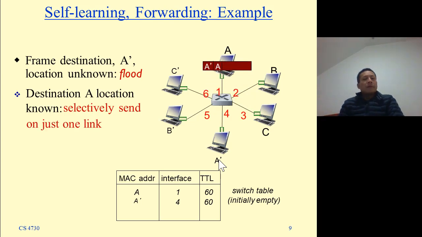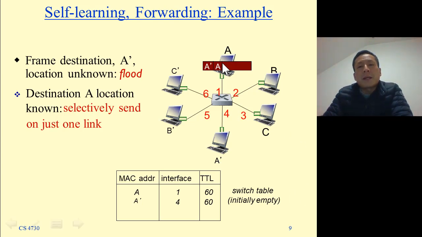So after that, the switch will forward the response frames back to A because the switch already knows that A is reachable by interface 1, because this entry is already created. So the response frames will be able to arrive at A directly without doing flooding.